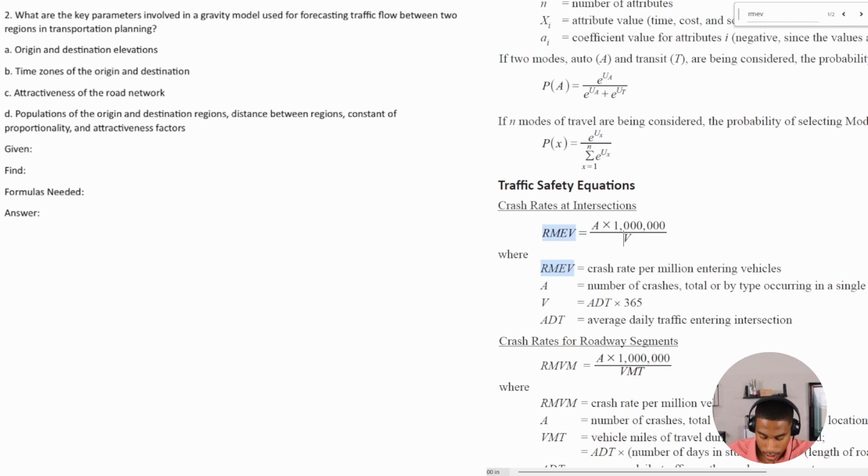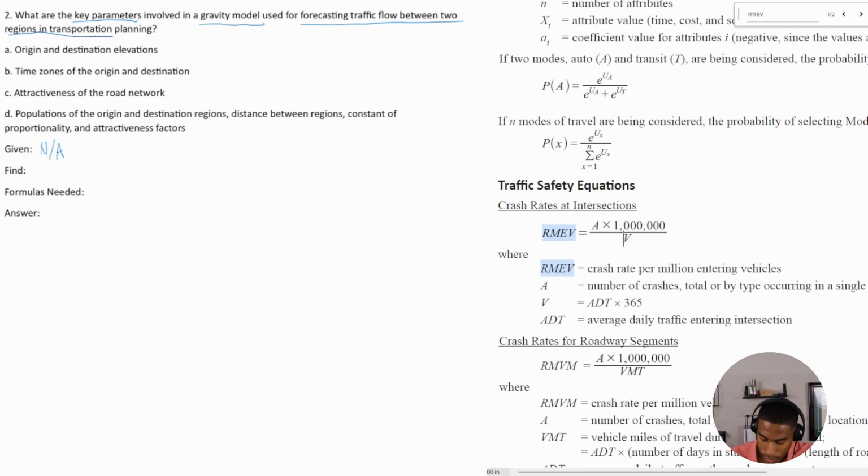All right, so the given information is not really applicable for this. Defined key parameters. I'm just going to underline what we need in the gravity model. Forecasting traffic flow between two regions.